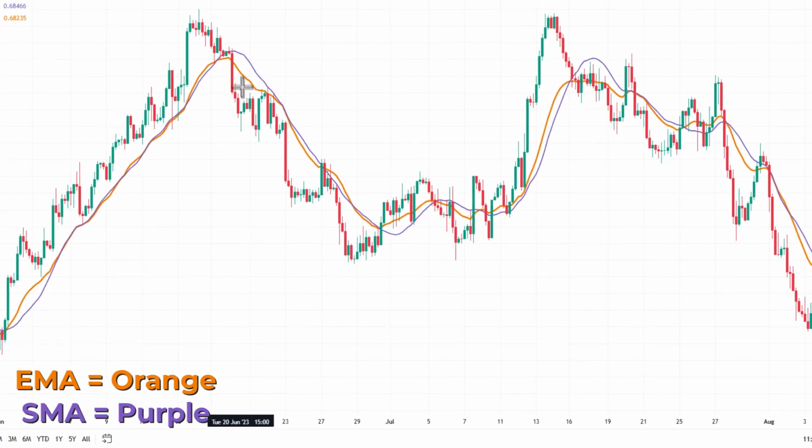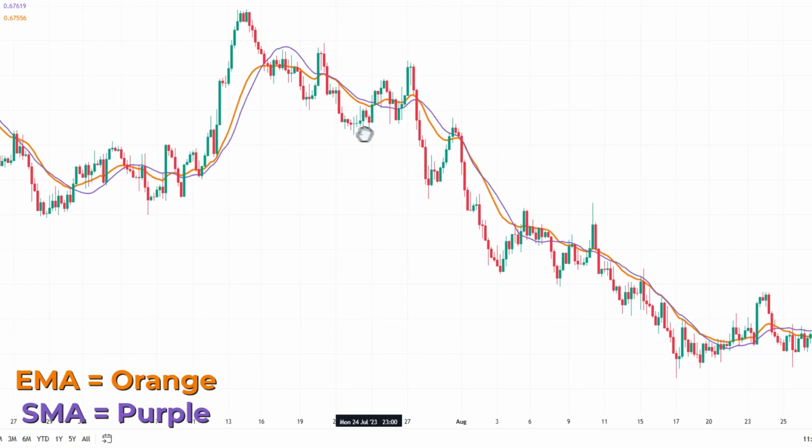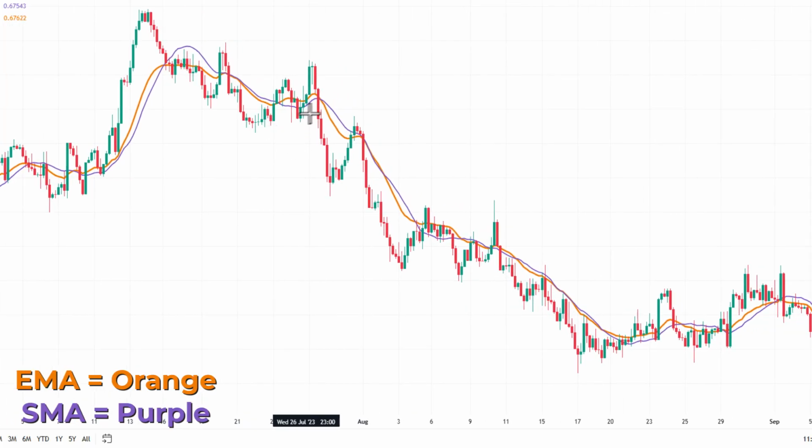So here we had a strong downtrend, and what happens here is the price moved up, the EMA moved first, whereas the simple moving average was lagging behind it. Then the price went down, EMA moved first. Here as well, anytime there is an uptrend, the EMA is always above the simple moving average, and when there is a downtrend, the EMA will be the first one to move.